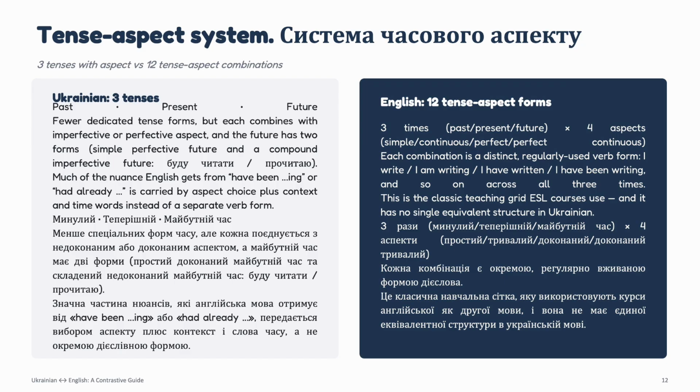And this is a classic grid, so many ESL courses are built around, and it has no equivalent structure in Ukrainian, which is exactly why, for example, present perfect versus past simple is such a persistent struggle for Ukrainian speaking students, or maybe present simple versus present continuous, because in Ukrainian also sometimes this can be translated exactly the same.